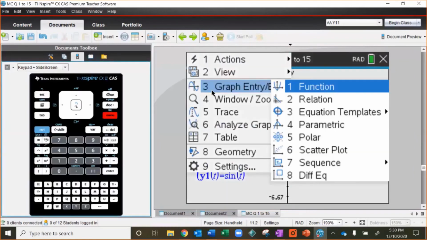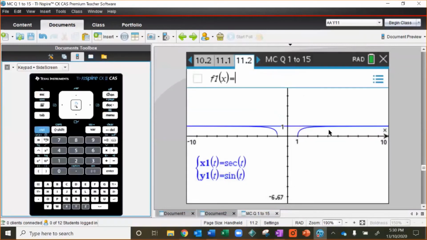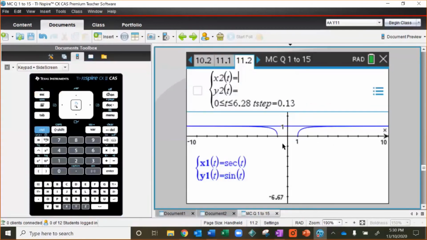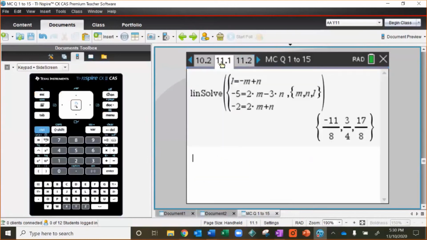So graph entry, we need parametric. I didn't change to parametric: menu, graph entry, parametric. And if I go up, I've entered sec t, sine t, and t is 0 to 14. Why is it helpful?